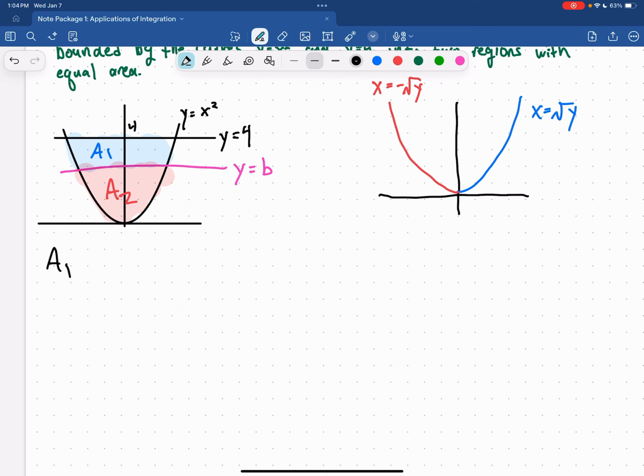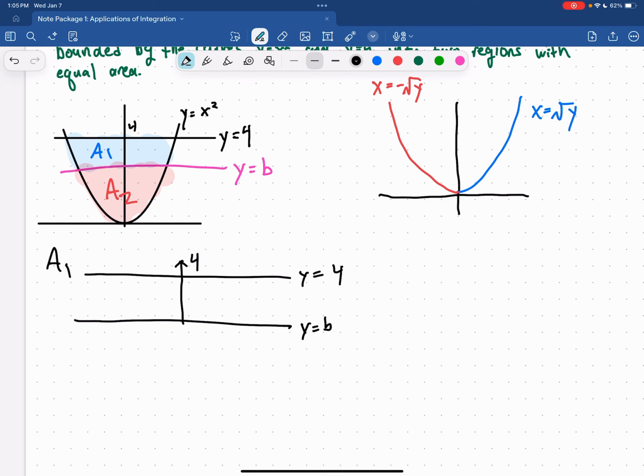A1, if I were to just sketch that out. Now here we could treat this as one where we're looking at our function in terms of x. However, in this case, it's easier to turn it into a function in terms of y.